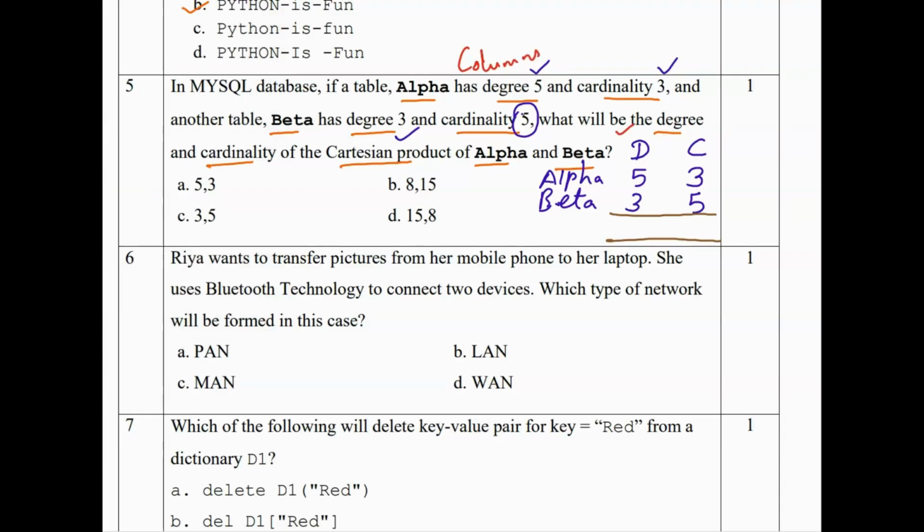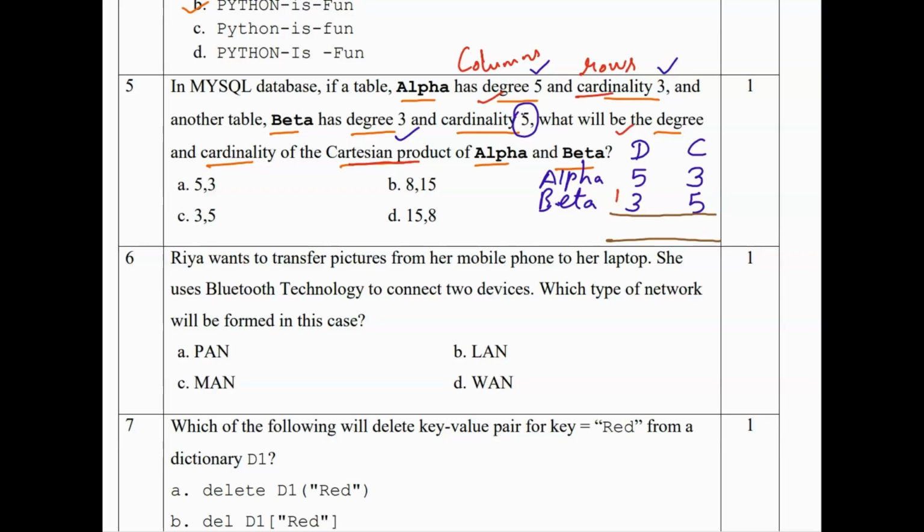The total number of columns is called the degree, and the total number of rows is called the cardinality. Whenever we are making the Cartesian product, we are multiplying both the tables. Whenever we multiply two tables, the degree will be added and the rows will be multiplied.